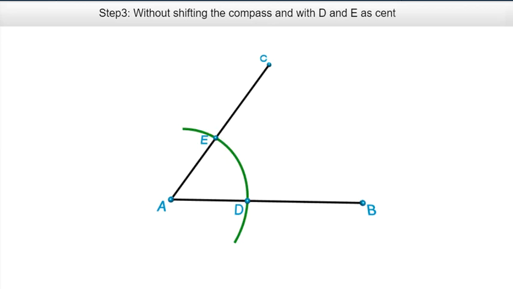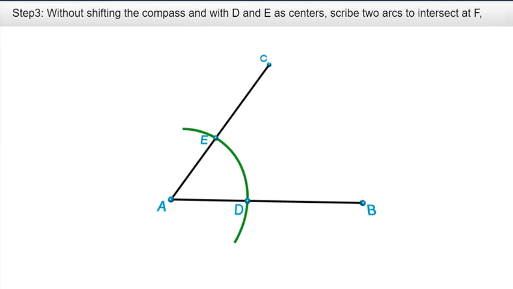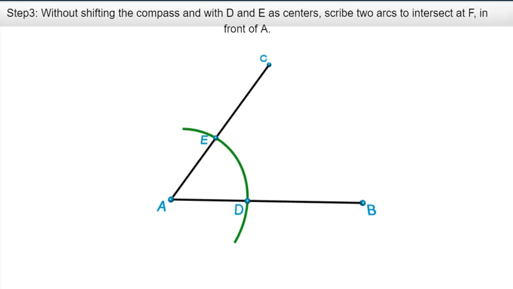Step 3 says, without shifting the compass and with D and E as centers, I'm going to scribe 2 arcs to intersect at F in front of A. Without shifting the compass means that the distance between the metal tip and the drawing point must not change, so that initial distance AD must not change.